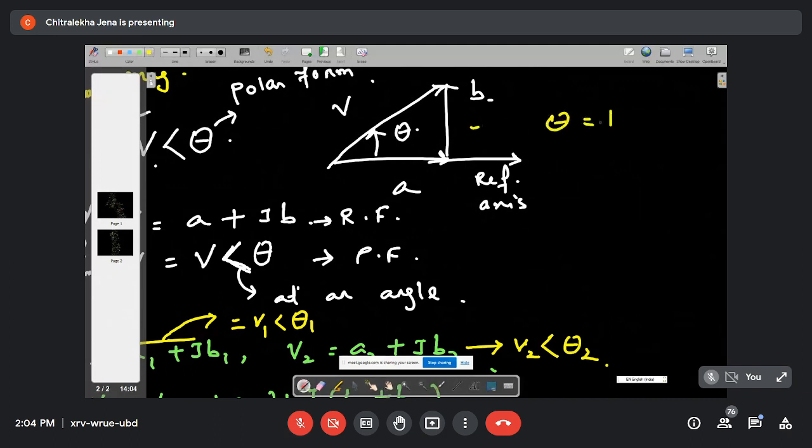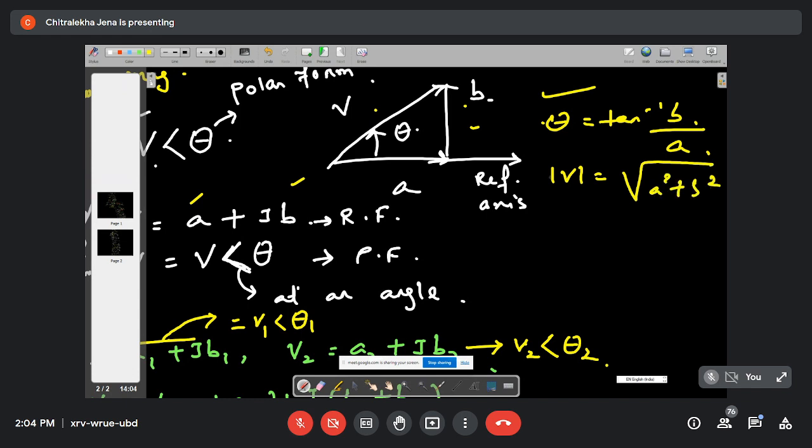Theta is equal to tan inverse of B by A. Yes, if A and B are known, you can find theta. V is equal to the square root of A square plus B square. You can find V and you can find theta, so you can convert it into polar form. Is there any difficulty? If rectangular form is given, you can find the polar form.